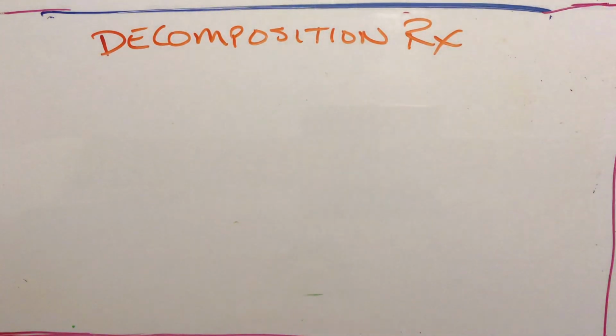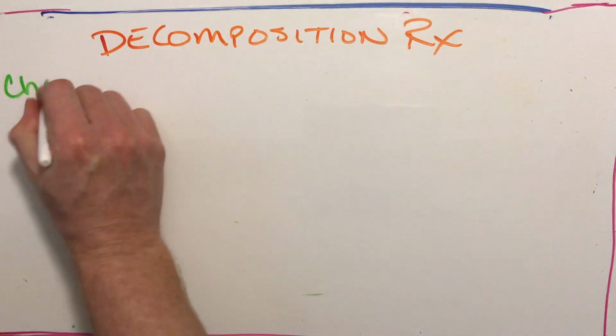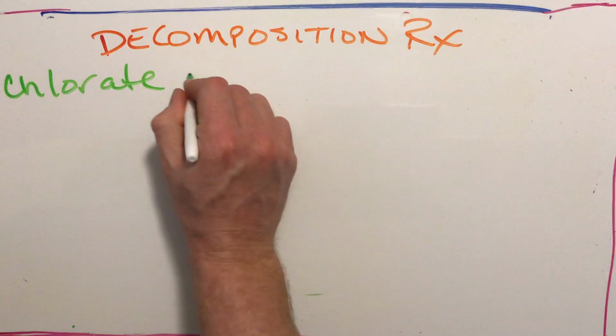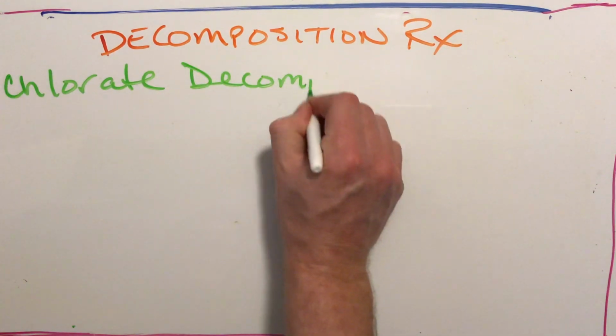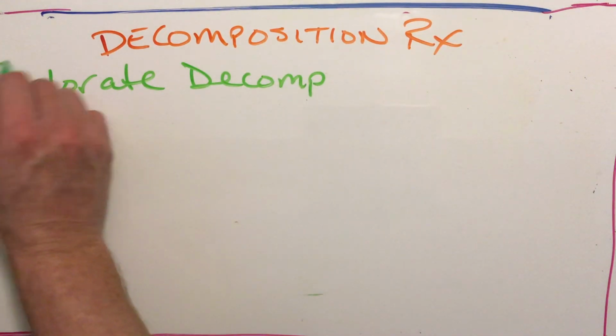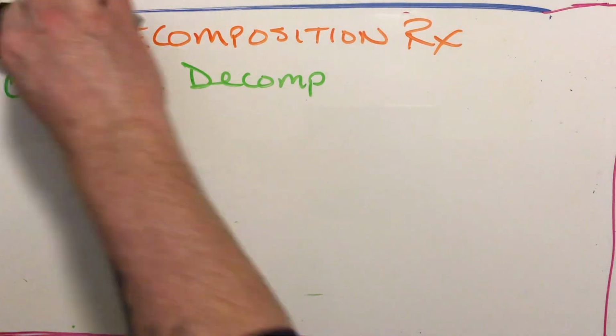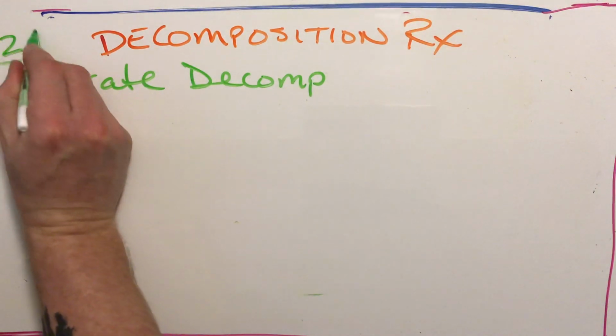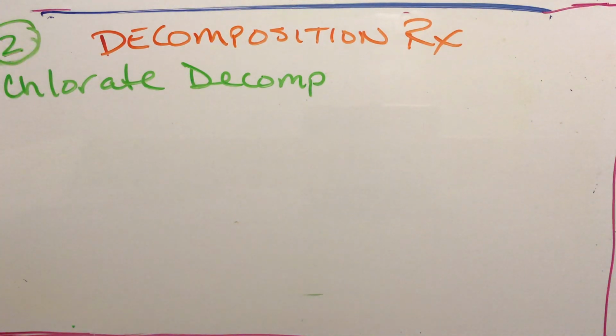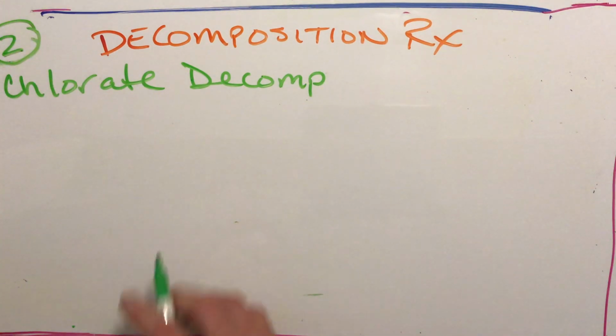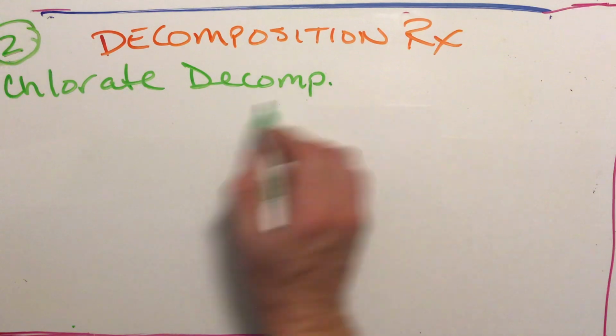We'll get into the other ones here. Now chlorates. Chlorate decomposition. So this is the second type of decomposition.